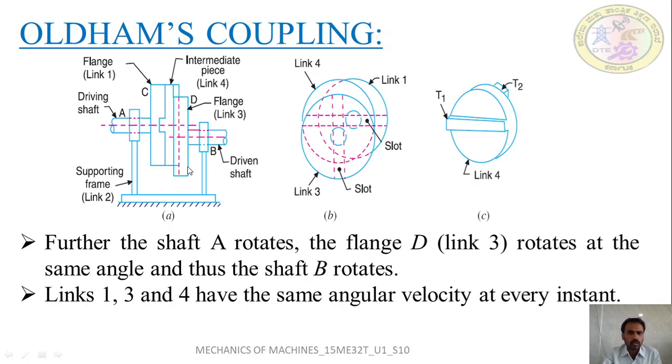So during the working, the angular velocities of link 1, that is the flange, and link 3, that is another flange, and the intermediate piece will be the same at every instant.